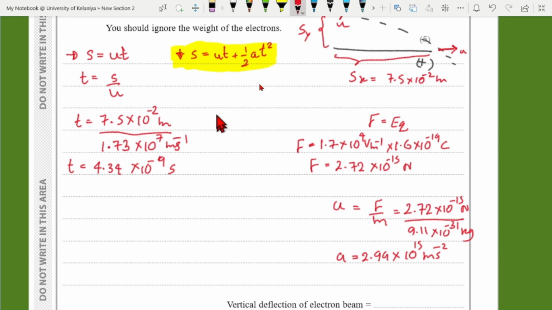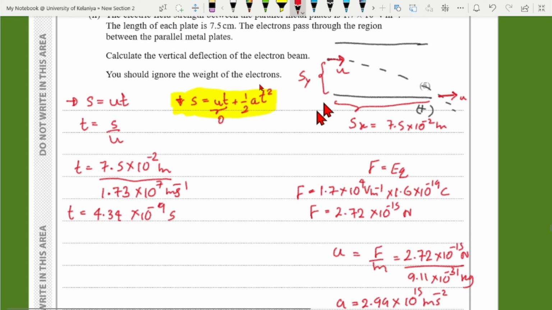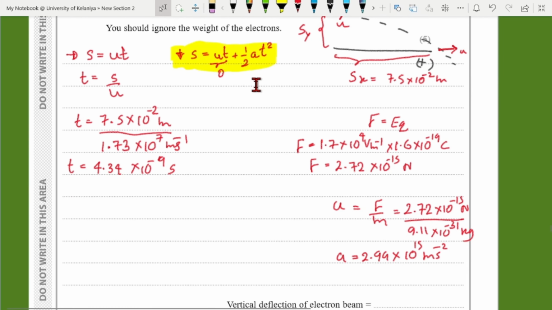So now I can apply my equation. Here I don't need to worry about this ut because it is 0. The reason is we don't have any velocity or speed along the vertical direction. So this is equal to directly half at square.